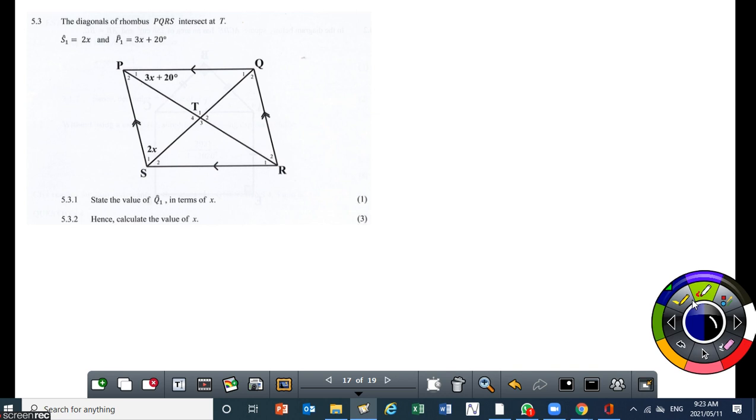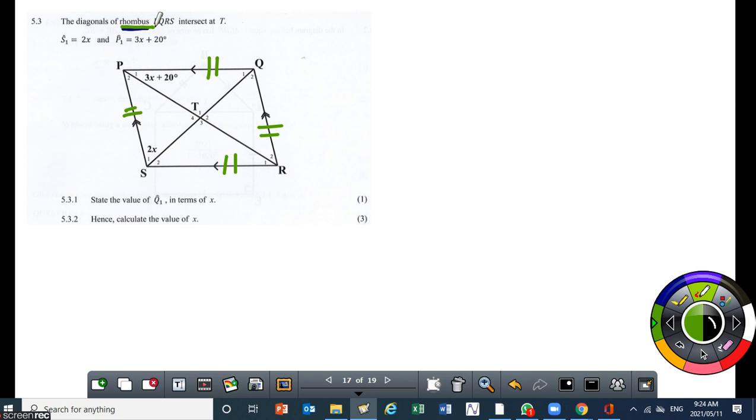Since it is a rhombus, it means that the four sides are equal. That's our clue there. It's given. We are told that it is a rhombus, therefore the four sides are equal. Remember your properties of a rhombus.